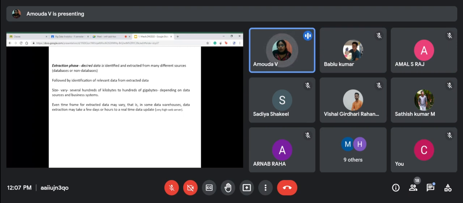But when we are taking, we'll take the desired data as a student. But the relevant data, what we need. That's what we say. Okay, then size. What is the size of the data? It varies, kilobytes or 100 gigabytes, depending on the data source and the business system we have to take.